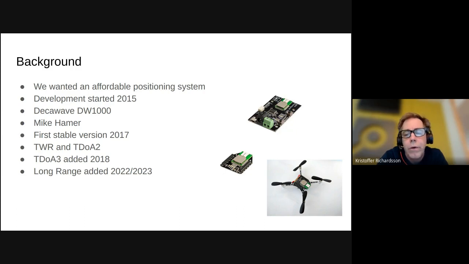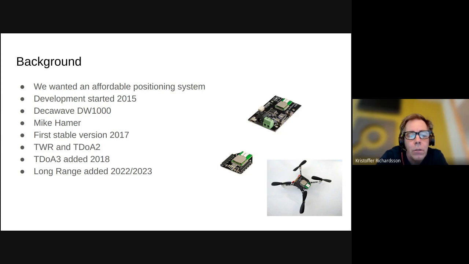So this was a very good base to work from, and then we have obviously continued and improved stuff over time. But that was an important contribution. And the first stable version was released in 2017, so that's a few years ago.